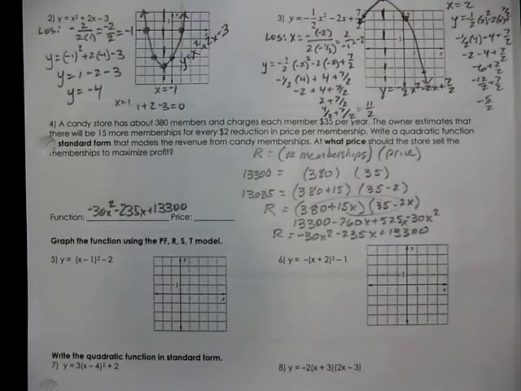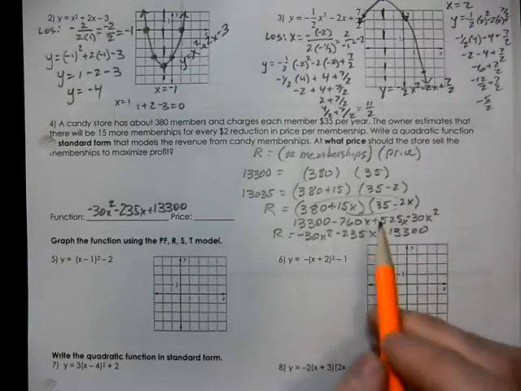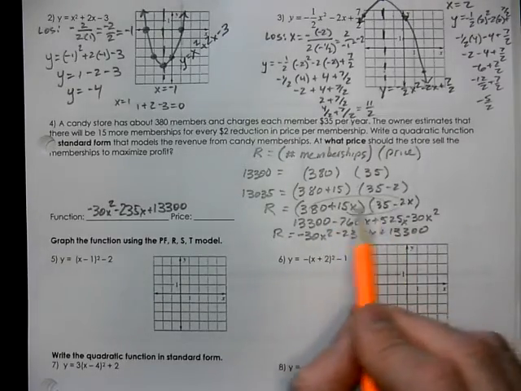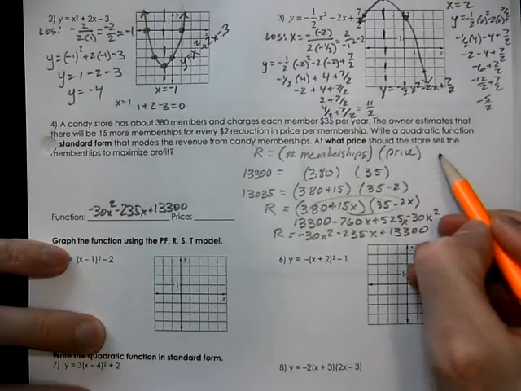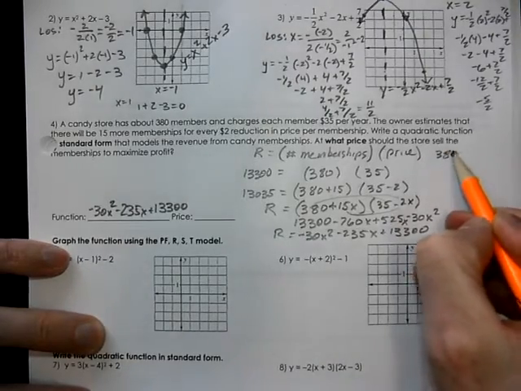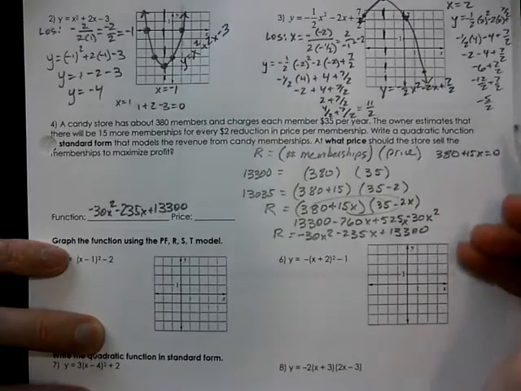And at what price? Well, that would be our line of symmetry. We need to, or the maximum value, but we need to find the line of symmetry. So for the line of symmetry, we could use this right here to find our P and the Q. So we'll take our 380 plus 15x and set that equal to 0.